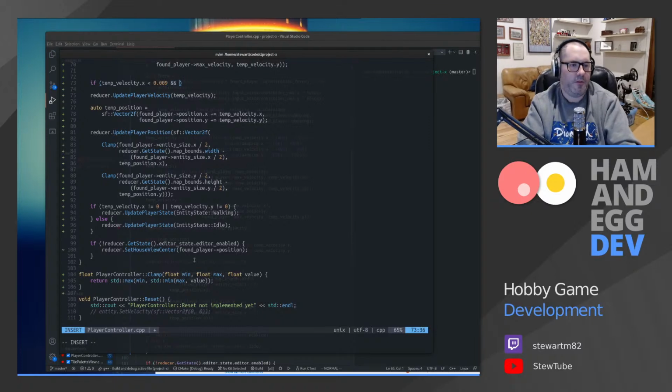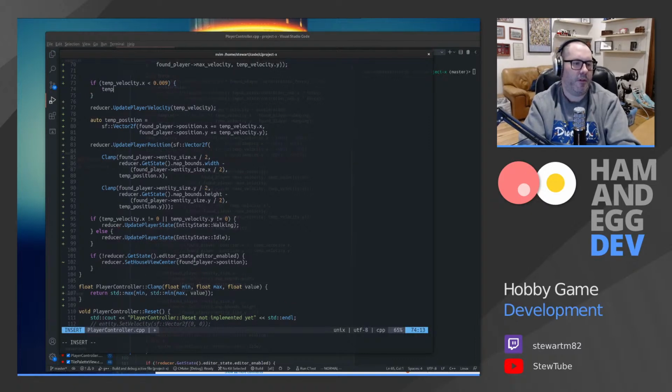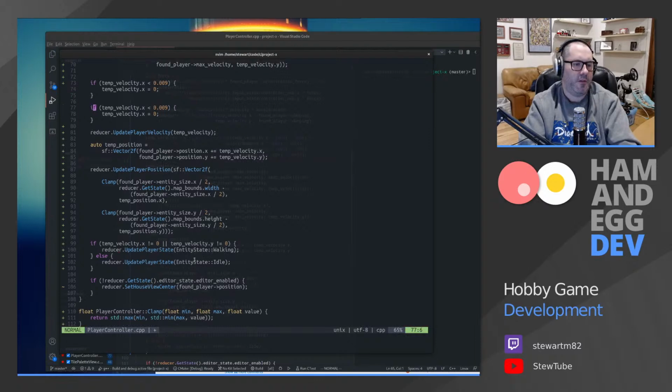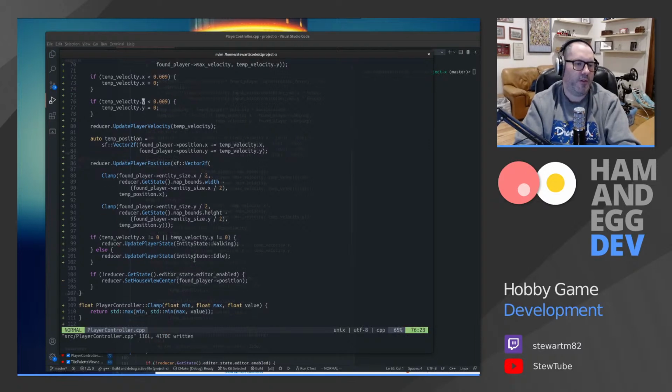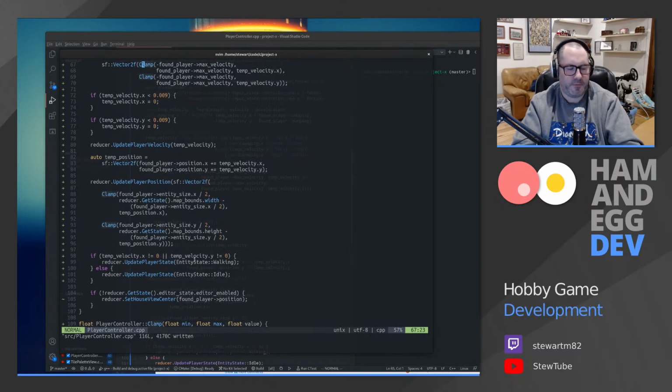And temp velocity dot y, or wait, temp velocity of x equals 0, and then let's do the same thing for y. Don't know if this is a good solution, don't even know if it'll work. So if it's less than that minuscule number, just 0 it out and then update it.